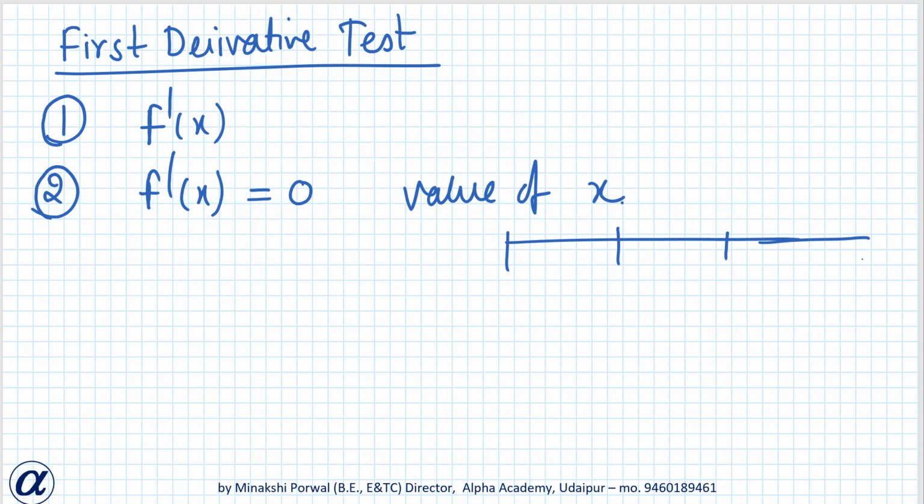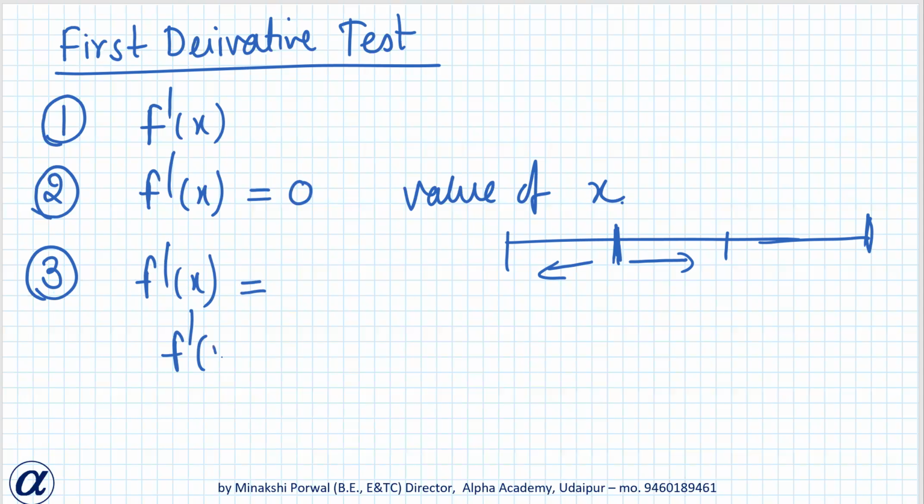Okay, now we'll observe the sign on the left side and right side of each critical point. These points we call critical points, and we observe the values of f dash x just before and just after the critical point.